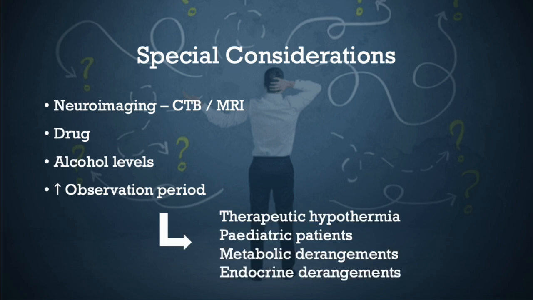In cases of anoxic brain injury, the observation period recommended is 24 hours. And where there was therapeutic hypothermia, a 24-hour period of normothermia is also necessary before you proceed with a brain death examination. In peds, it's also a bit of a tricky thing, so you need to be very cautious, especially when you approach the confounders in this group.